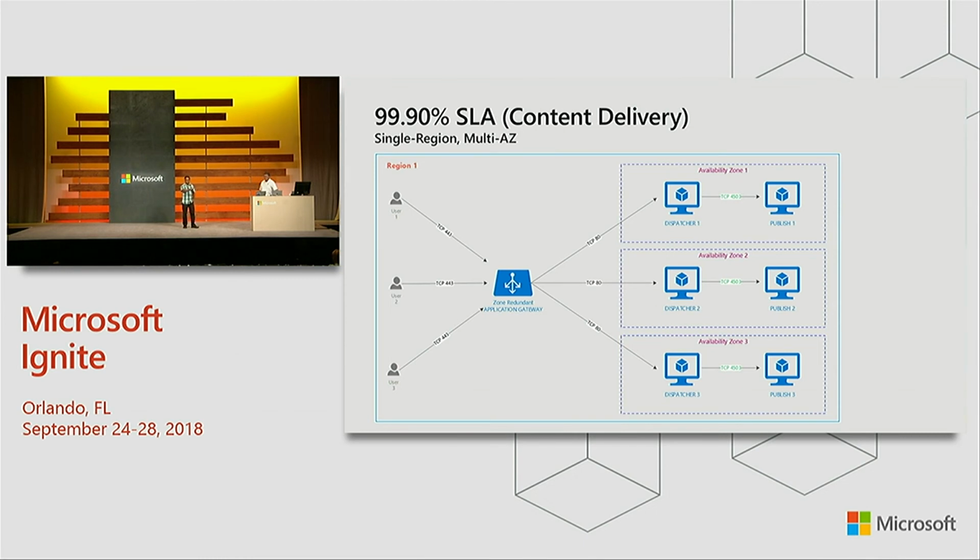As you can see, we have pairs of published dispatcher pairs across the different availability zones. Even though I show only 1 pair per zone, we could easily deploy 3, 4, 6 pairs per zone if the customer's request load demanded it.